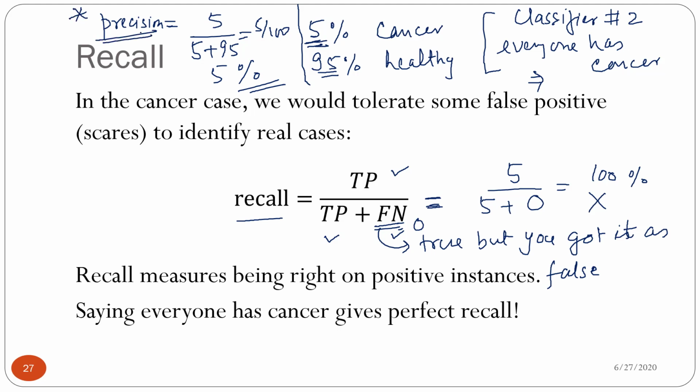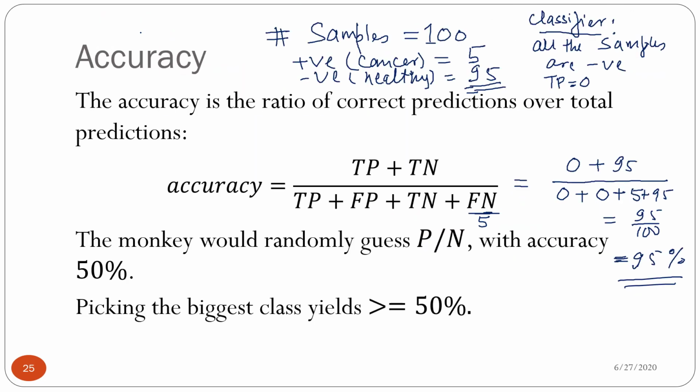Alright, so the takeaway message is that often one performance measure is not sufficient. You may have to evaluate your classifier on all these performance measures. If the class is evenly distributed, accuracy is good.